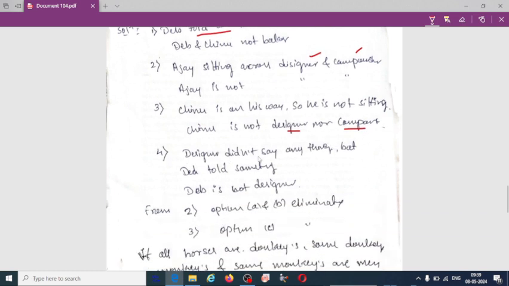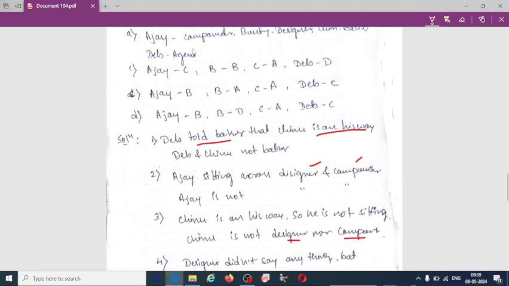The designer didn't say anything, but Deb told something. That means Deb is not a designer. It is quite confusing, but you have to make the statements clear here. First write down all the statements, then you can come to the conclusion. From 2, Ajay is not compounder.